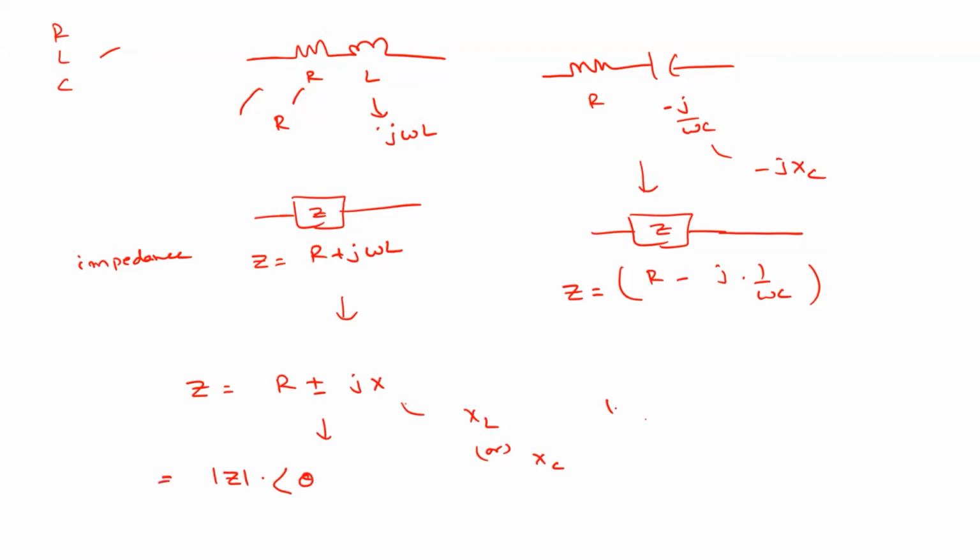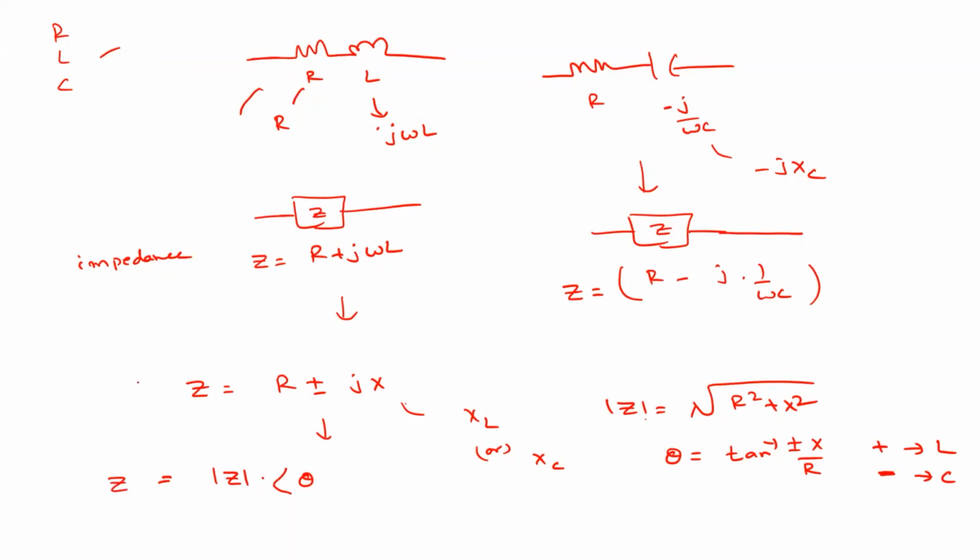What is mod Z? It is the square root of R square plus X square, and theta is tan inverse of plus or minus X by R. The plus sign is for inductance and the minus sign is for capacitance.